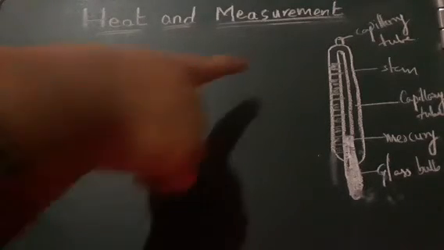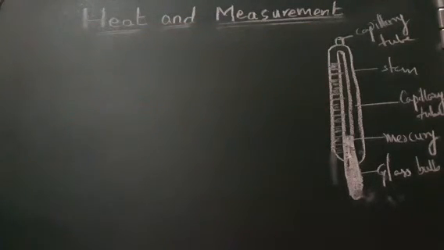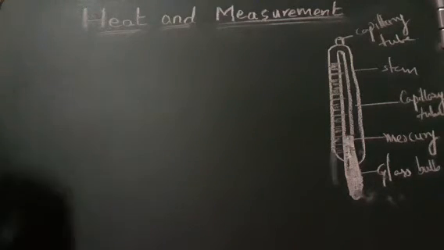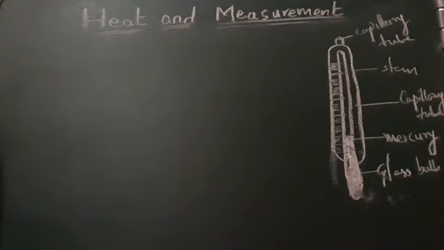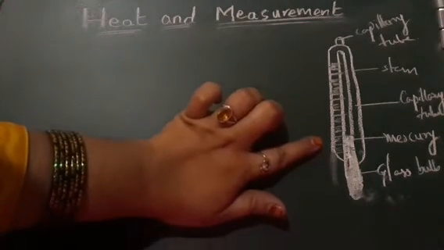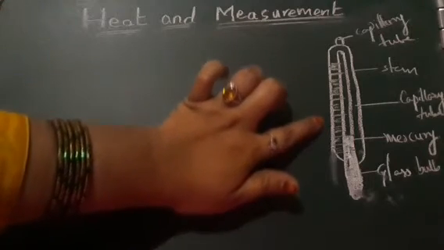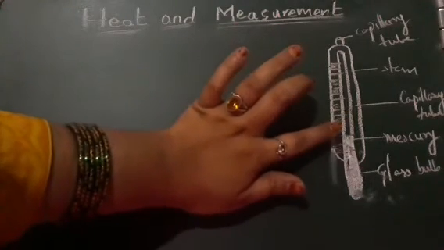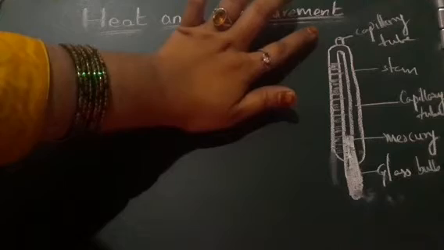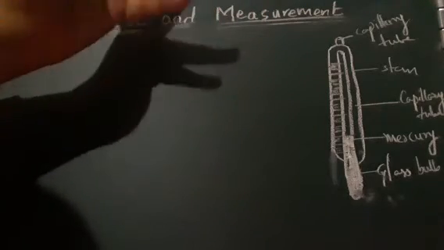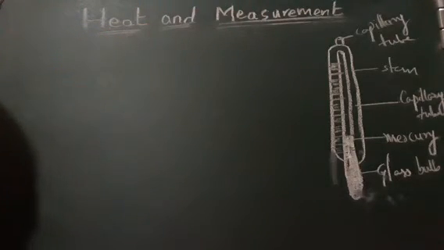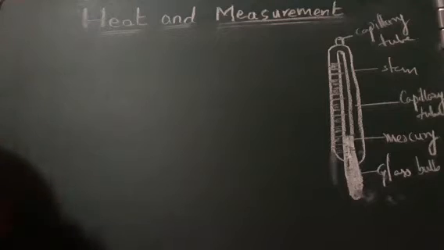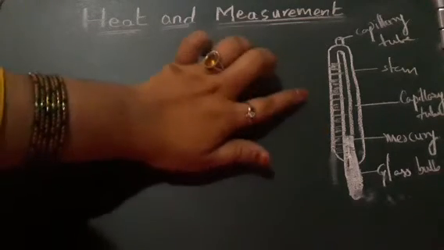This whole length is nothing but a capillary tube which is made of glass. And you can see that there is a scale arranged here. You can see the readings. You can find 0, 10, 20, 30, 40, 50, 60, 70, 80, 90, 100, 110, 120, and so on, marked here.